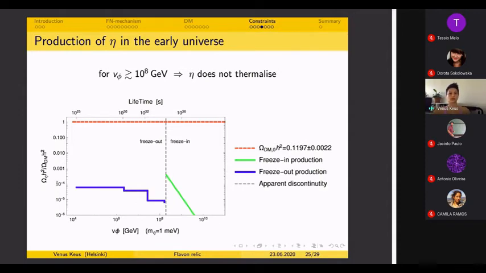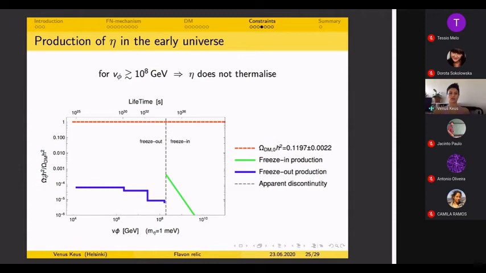And as I said, for one given mass, you could basically then see what is the abundance of your eta, which we have normalized by the abundance of dark matter today, because all the observational plots that are relevant to our work basically do this.